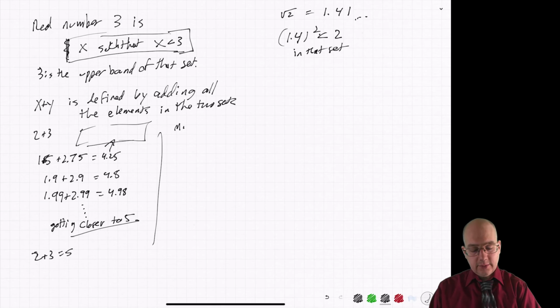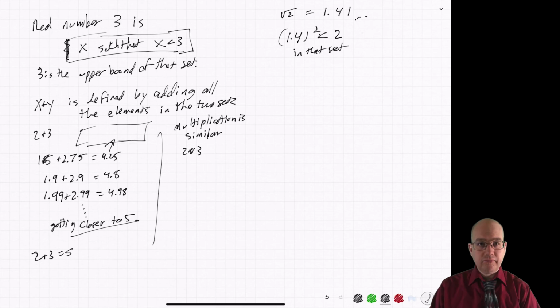Multiplication is similar. So 2 times 3 is just like these things. So you could do like 1.9 times 2.9, and that's equal to whatever it is, I don't care.